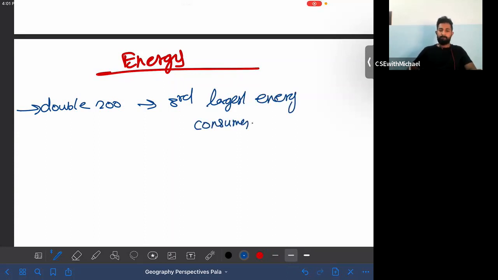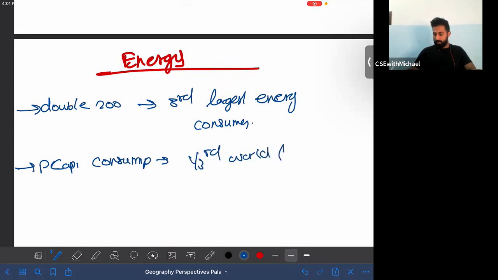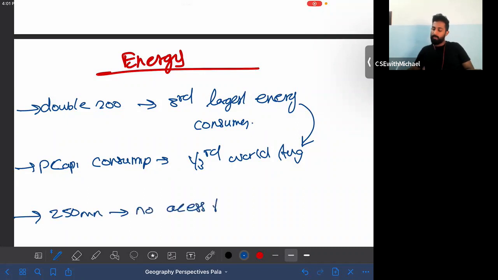Right. However, on the other hand, per capita consumption of India is one-third of the world average. India is the largest user for sure, but the average use compared to the population is very low, because about 250 million people have no access to electricity.